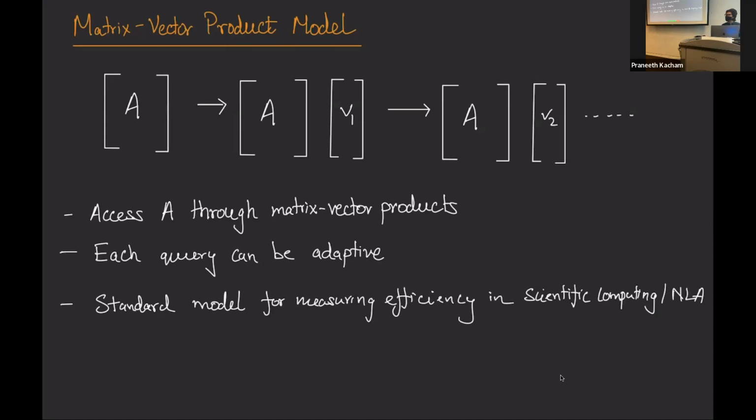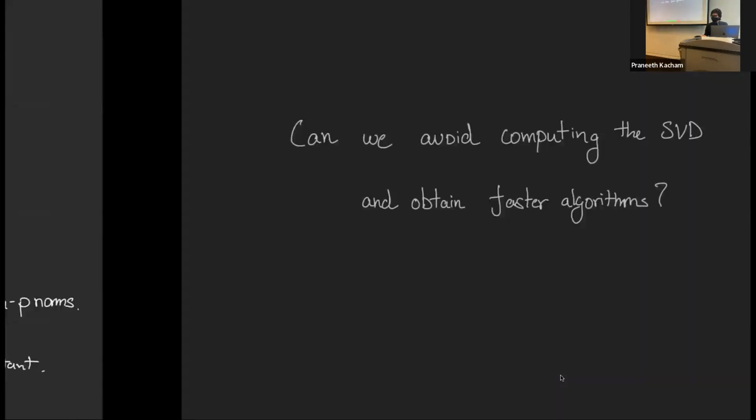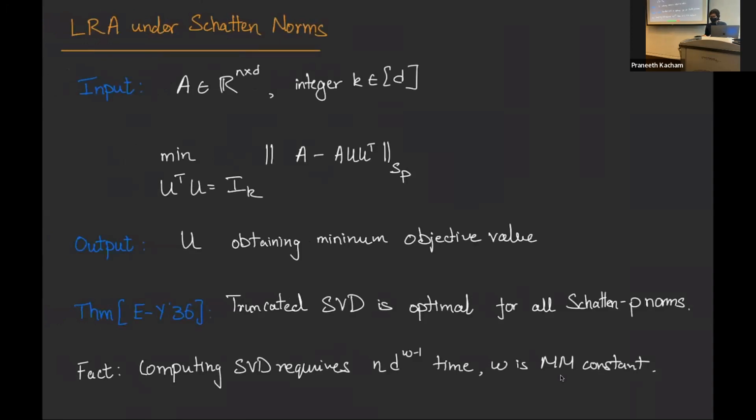You're saying that the output of your algorithm is not the matrix A? No, the output is this matrix U, which is the projection. The output will be a set of vectors, which will be the columns of U. But then what does this have to do with the query model?